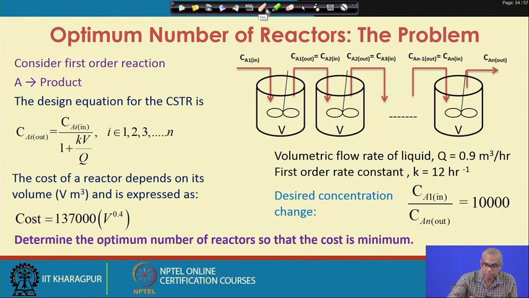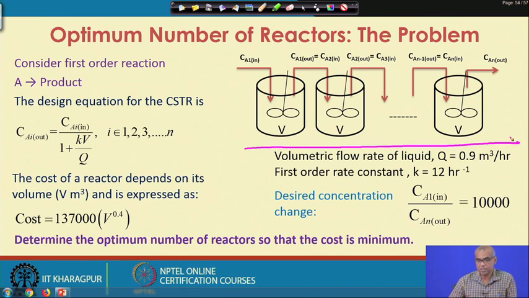So, we have n number of CSTRs in series. An inlet stream with concentration Ca1 in enters CSTR1. The first order reaction A to products is taking place in each of these CSTRs.